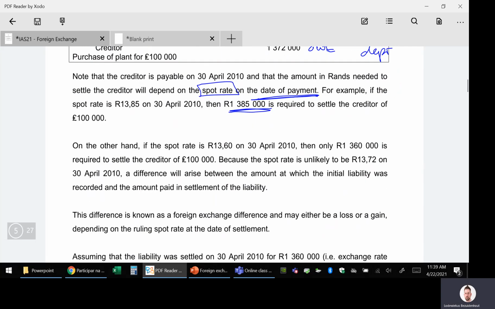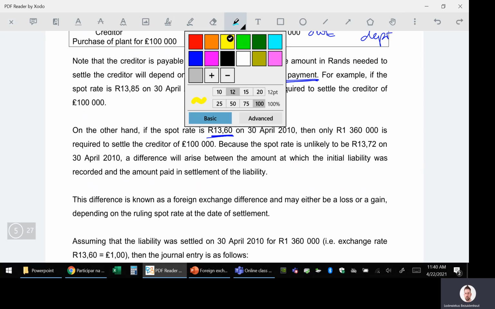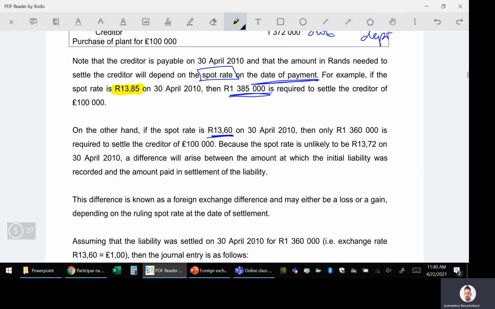On the other hand, if the spot rate is only 1360, so you can see there are two possible rates here, just for example purposes: 1385, or we can have 1360. It doesn't mean two different rates for the same thing. It just means that we can have a higher rate or a lower rate. It's just to explain the question. Then we will only need 1360 to settle this debt.